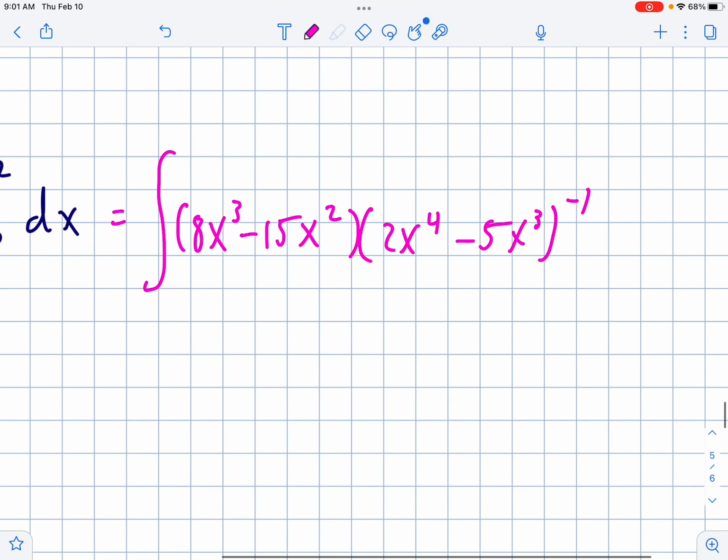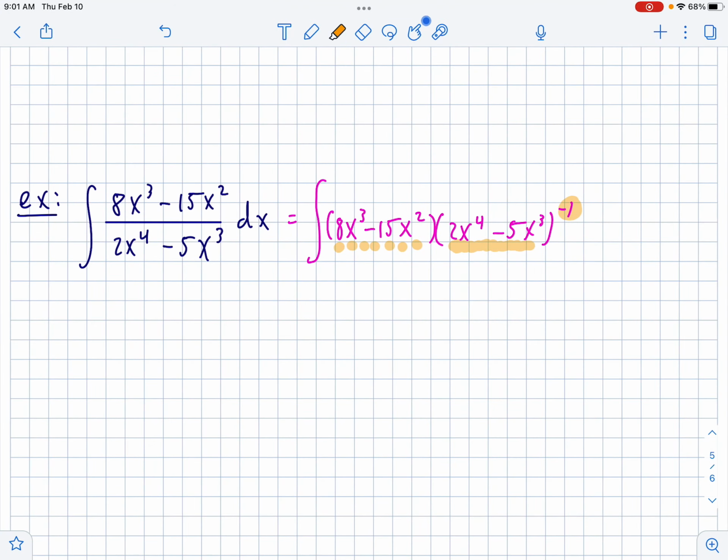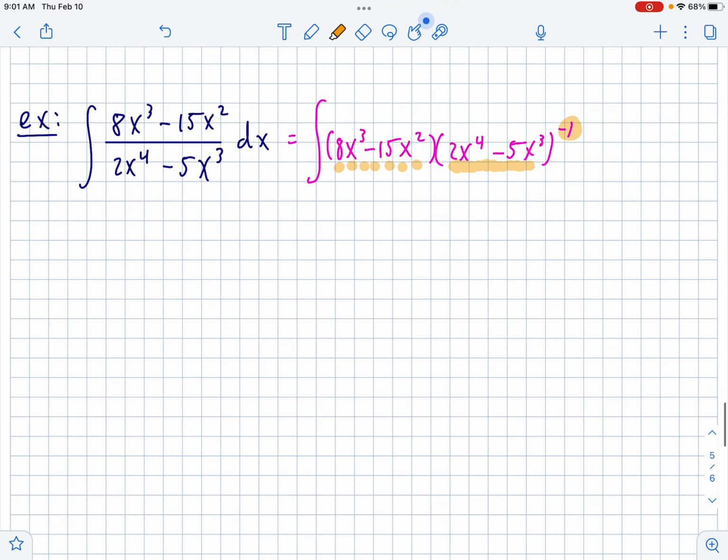Now, if you look just at this function, this is the inside function because it's inside to the negative 1 power. If you were to take the derivative of the inside, you would get 8x to the 3rd minus 15x squared, which perfectly matches up with this guy. That means we're not going to have to reverse engineer too much because the derivative of the inside is already present. So we'll say u is equal to 2x to the 4th minus 5x cubed.